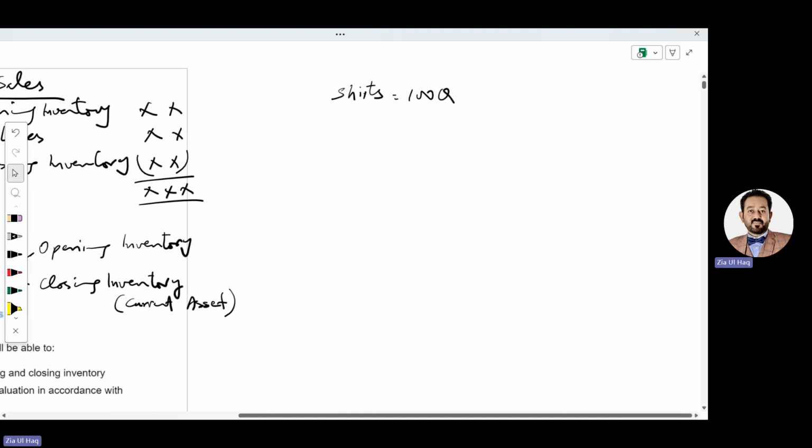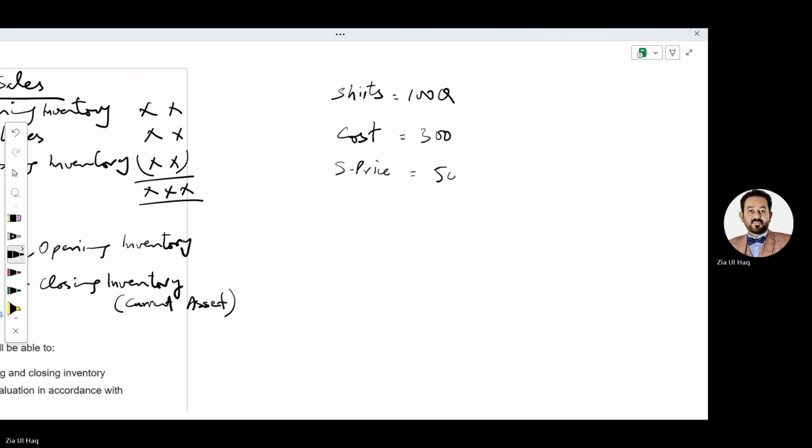The cost of one shirt is say 300, and the selling price of one shirt is say 500 or 300 or 250. First assume the selling price is 500, cost of the shirt is 300.